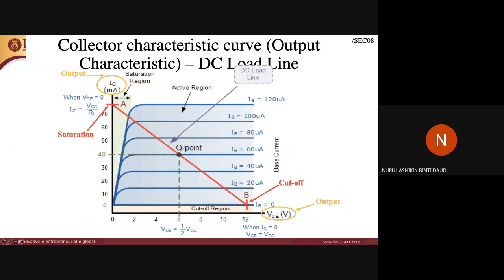The Q point can always be calculated by half the value of VCC. So this is the formula for you to calculate the Q point: VCE is equal to half of the VCC value. For this, the maximum VCC value is 12, so half of the VCC value is 6. It means that the IC current at the Q point is 40. All right.